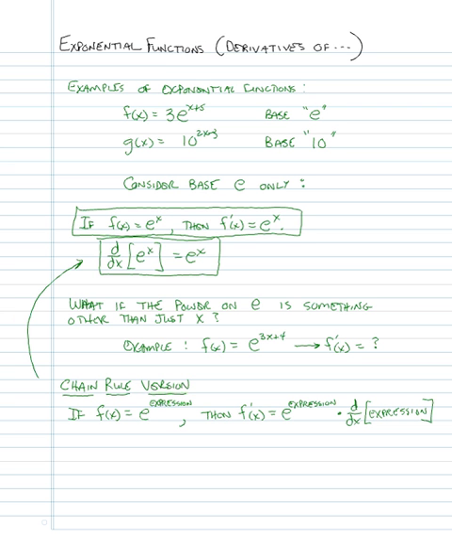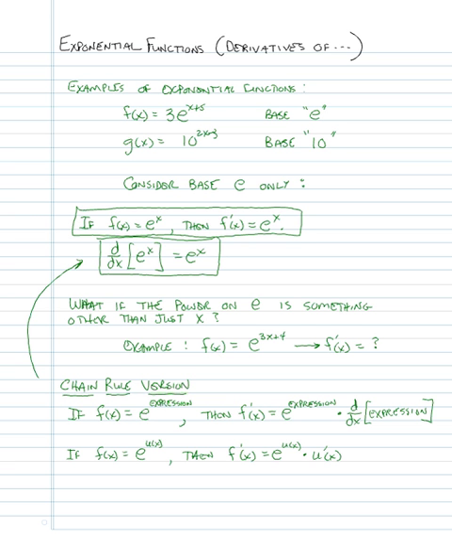Now, another way we might write this, rather than using these words, would be that if f of x is equal to e to a power, and the power is some function u of x, so that's the expression idea, then f prime of x is e to that same power, but then we multiply with the derivative of the power.